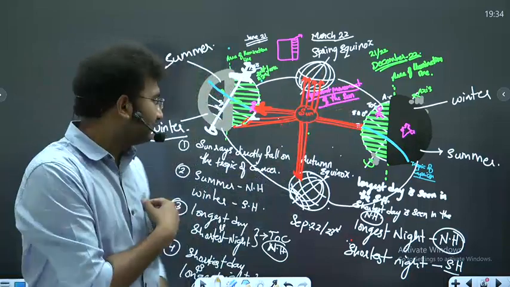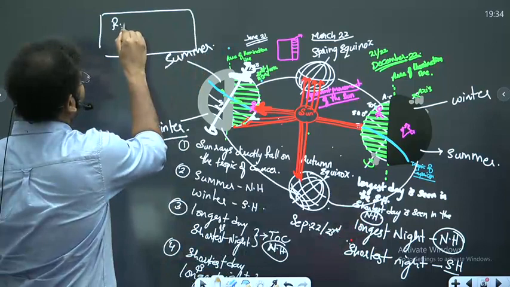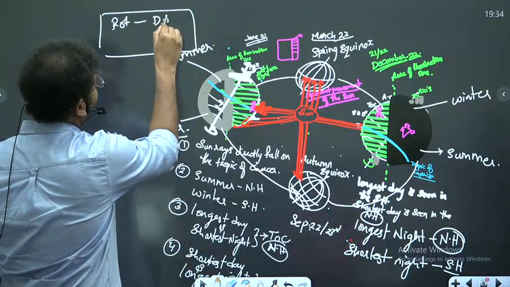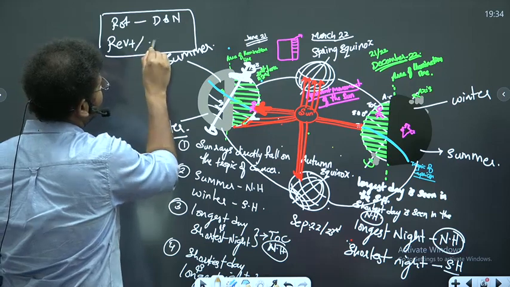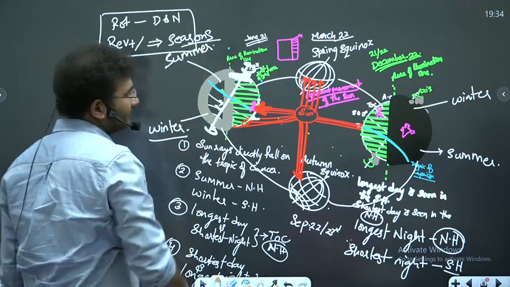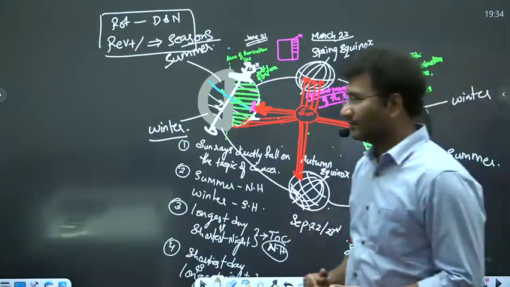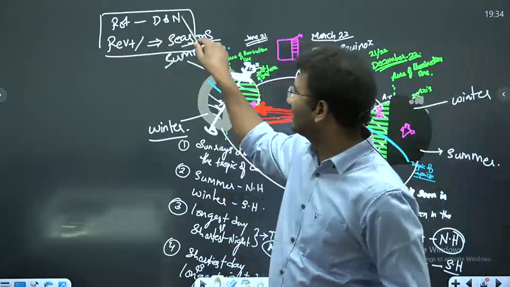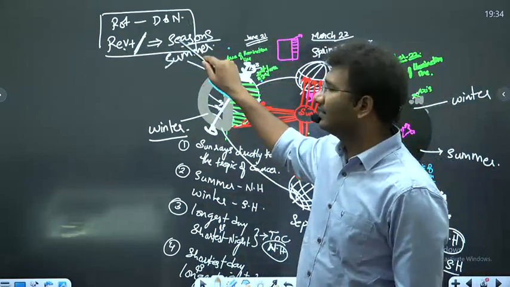Write in a box: rotation, day and night; revolution plus tilt in the axis is equal to seasons. Rotation is day and night, revolution plus tilt in the axis. This tilt in the axis will lead to seasons.